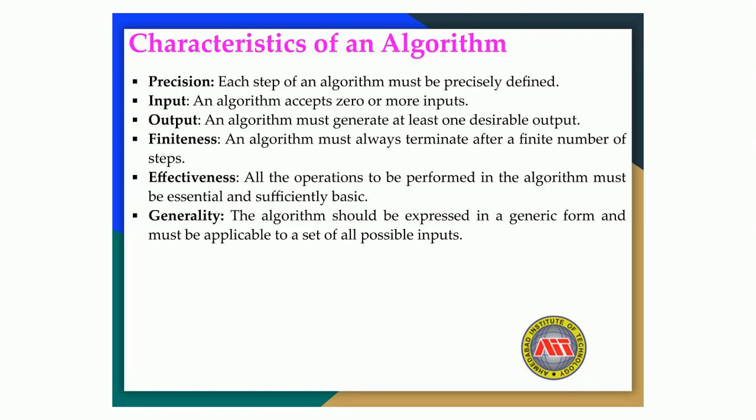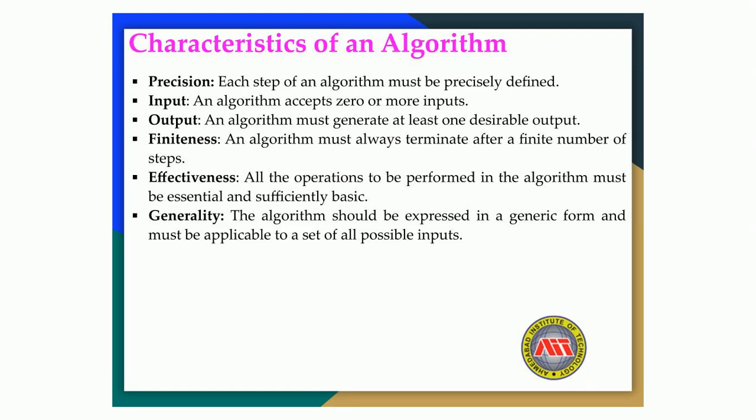Fine. And there is another property, or you can say characteristic, of an algorithm: multiplicity. The same algorithm can be represented in several different ways. That means we can write the sequence of instructions in simple English, or we can write it in the form of pseudocode.